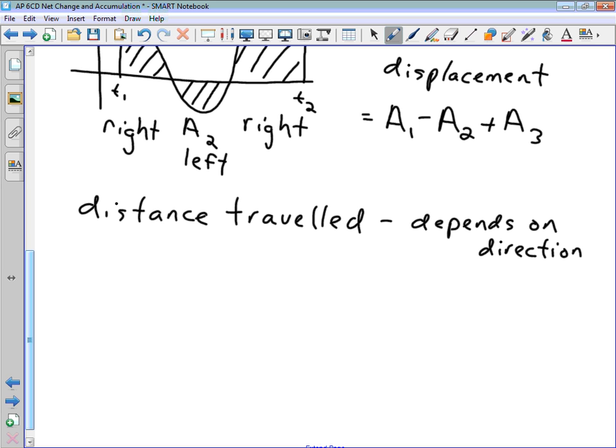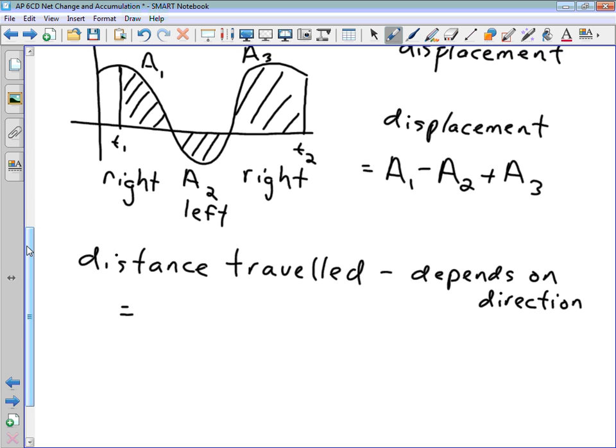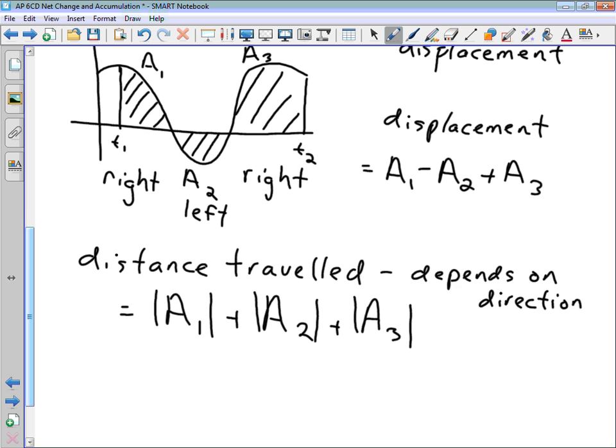So if we were doing distance, we would want to have the total of all three of these areas. Not the net area, but the total area. So we would want to add the absolute value of all of these things, making sure that all of these were positive.